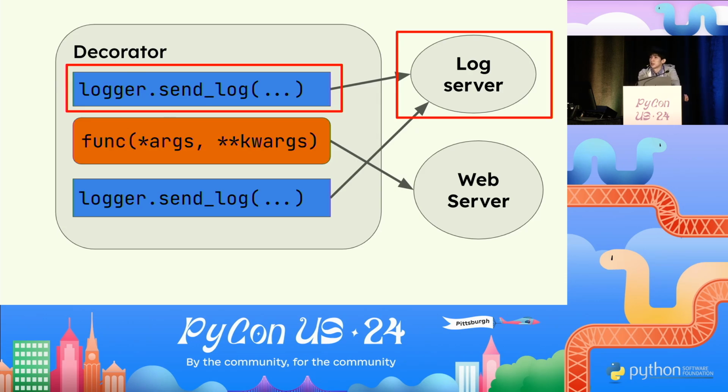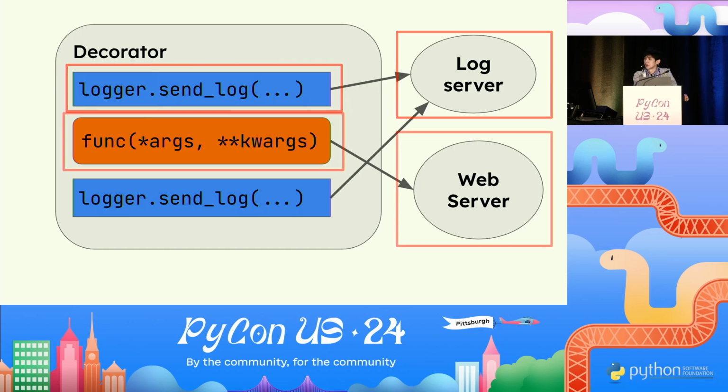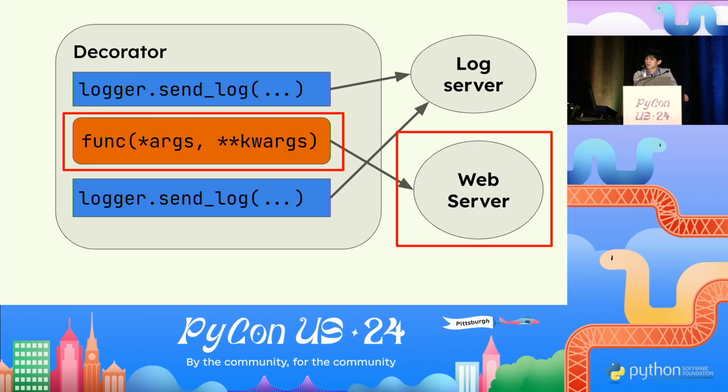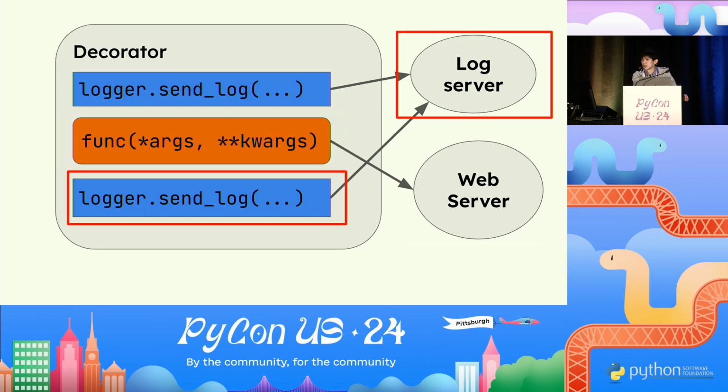Imagine some OSS and SaaS services that provide an external web server and an SDK that we can use to send logs and metrics. In this case, we call the function to get a response, like GET and POST and other HTTP requests, and send the log again for the result.